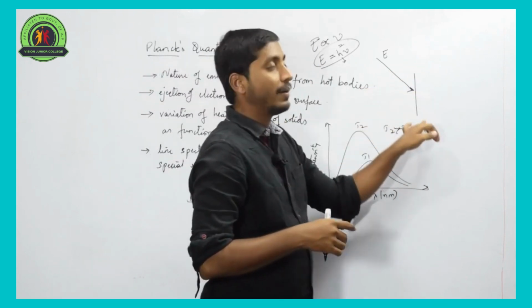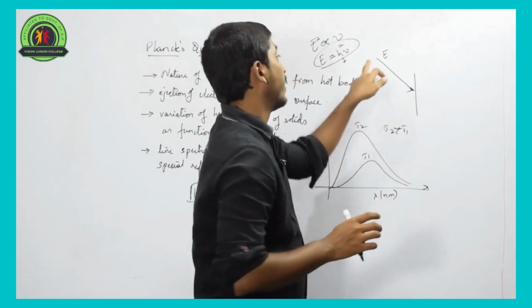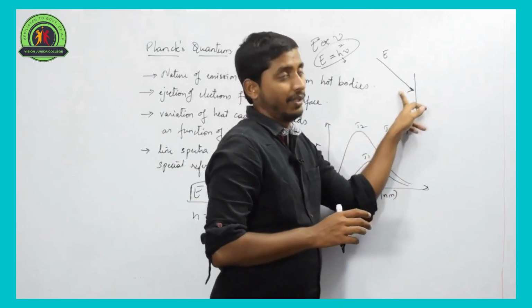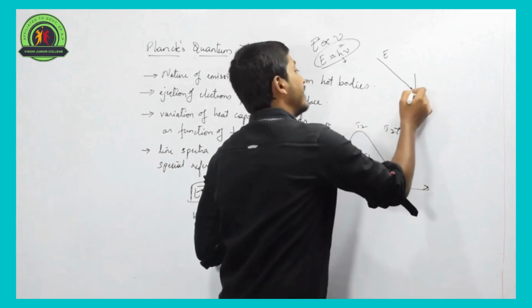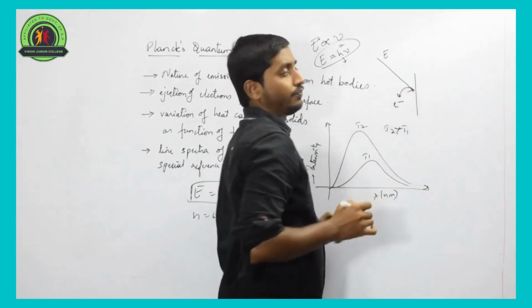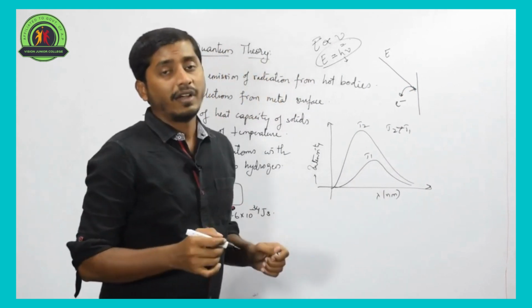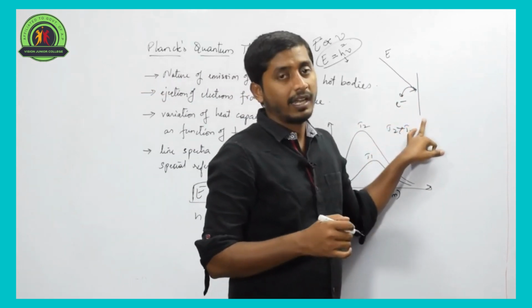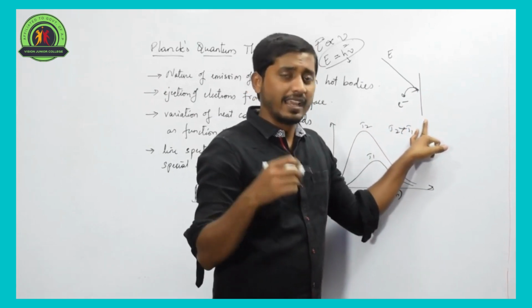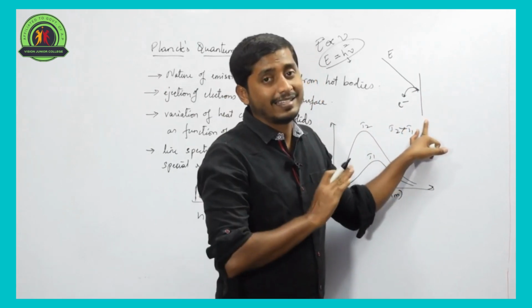If a surface is completely plain and uniform and a beam of light is incident on the surface, then it ejects an electron, right. Why does it eject? That is again a different theory, let us discuss that.